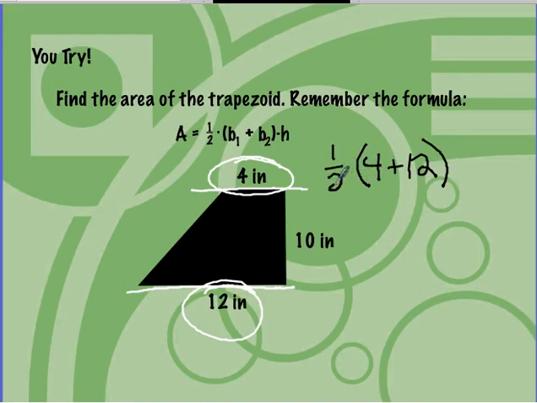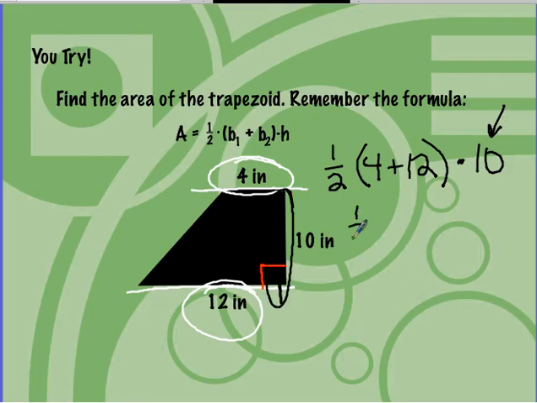I want half of my base, and in this case, this is my height because I do have that right angle. So when I have those right angles, I can just count this as my height because of the fact that I have the right angle right here. Right? And my height then is 10.